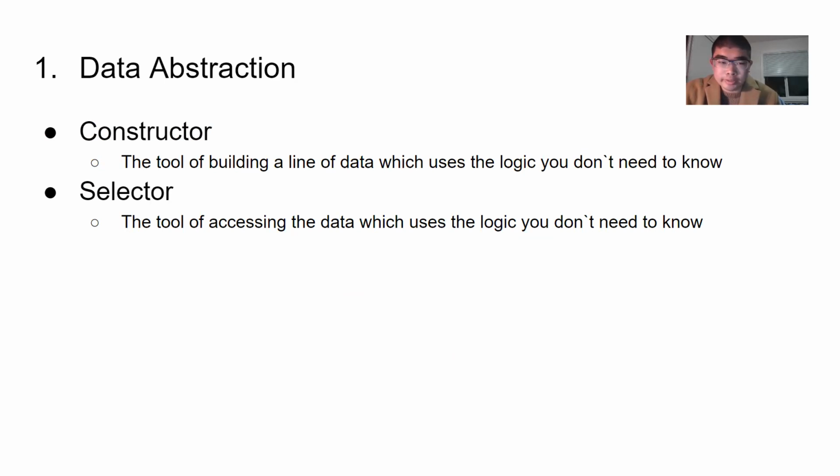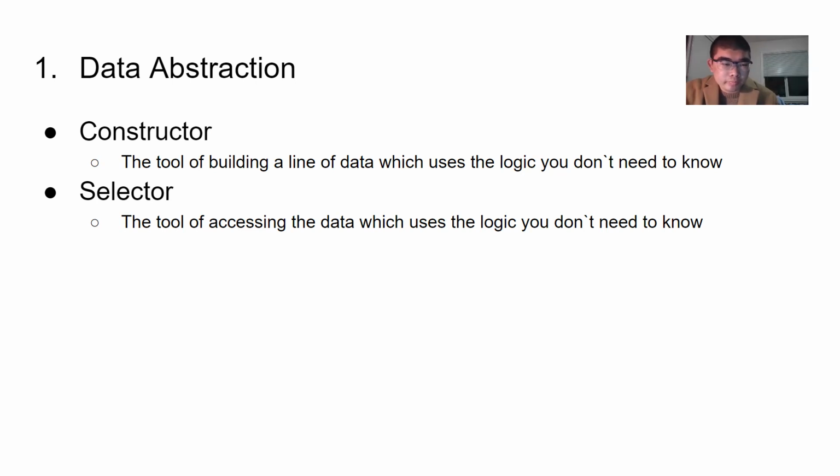We have the constructor. The constructor is the tool of building, or more correctly, storing a piece of data. It uses logic you don't need to know. You can pretend you don't know, because the logic doesn't matter. You just assume that it works well, and then you can directly use the tool to create the data.